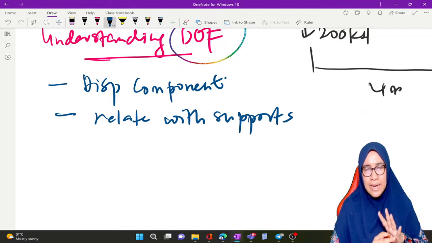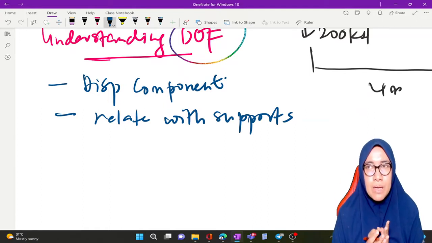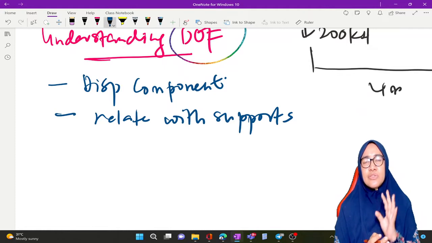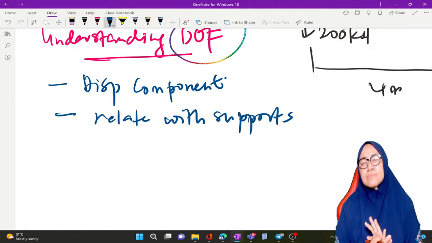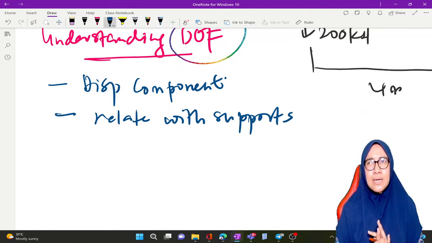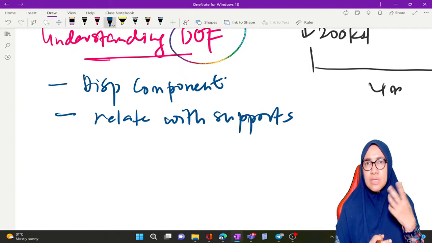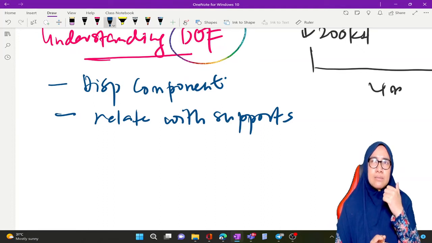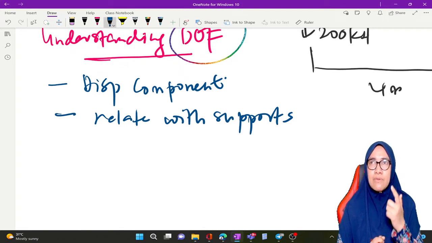In static analysis, it will also reflect the three equilibrium equations. Remember, when we want to analyze a structure, we have to take total moment, total horizontal force, and total vertical force.